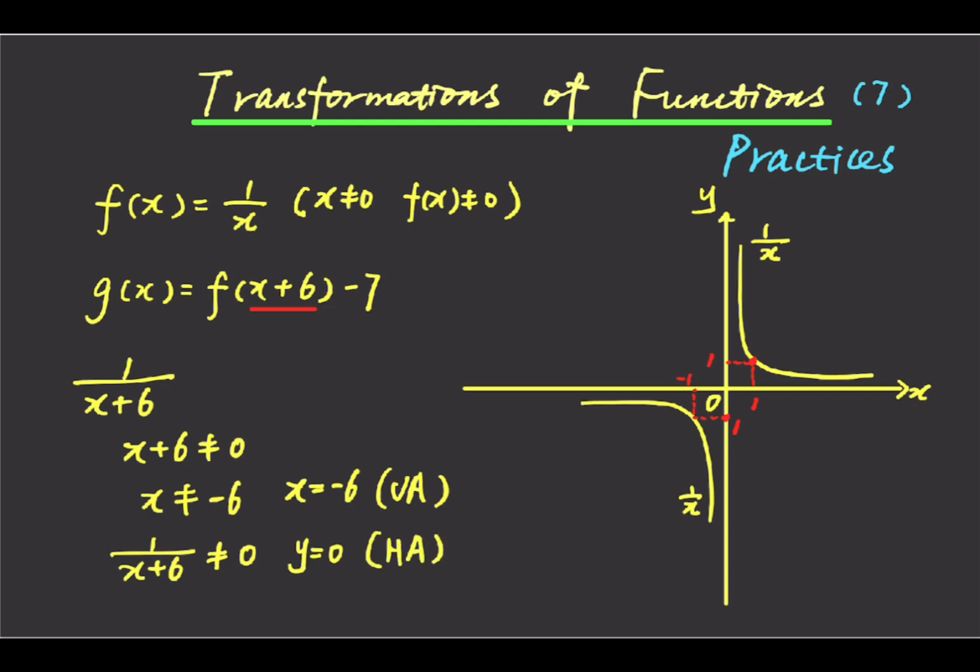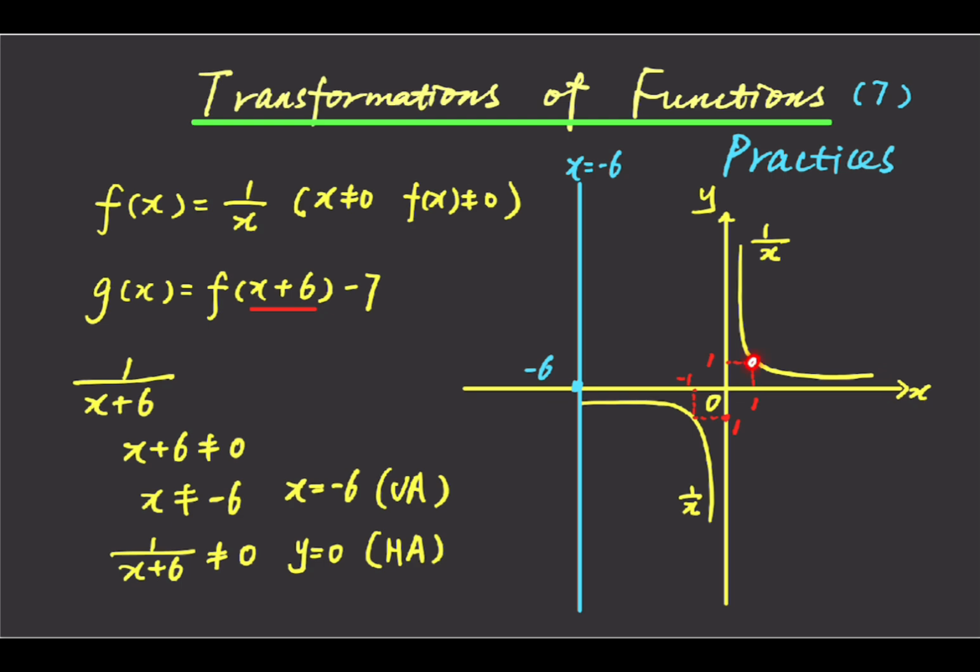Okay, now we can figure out the corresponding two asymptotes here. This should be x equals negative 6 and y equals 0, still this x-axis.